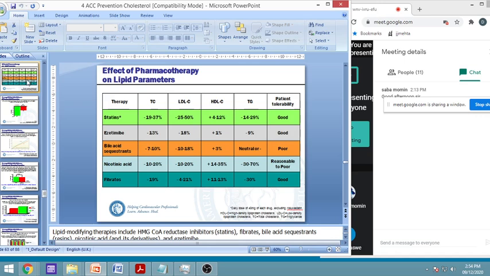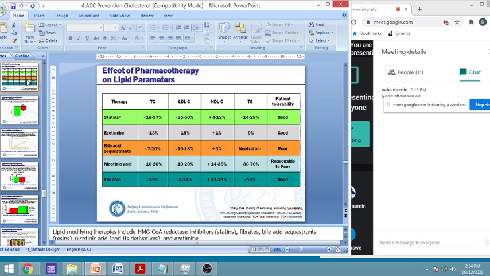Let us make a final summary. Statin in a standard dose can reduce LDL-C by around 25%, HDL increases by around 4 to 12%, triglyceride reduction is around 14 to 29%, and patient tolerability is good.